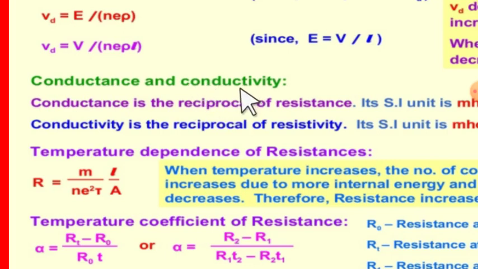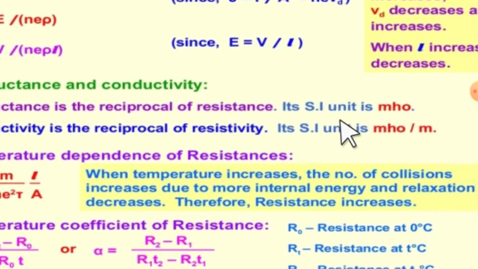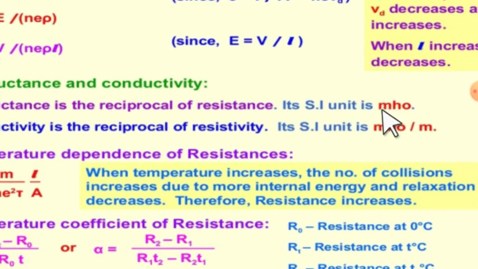Reciprocal of resistivity, we call it as conductivity. Reciprocal of resistance, we call it as what? Conductance. So conductance is the reciprocal of resistance, and its SI unit will be just what?